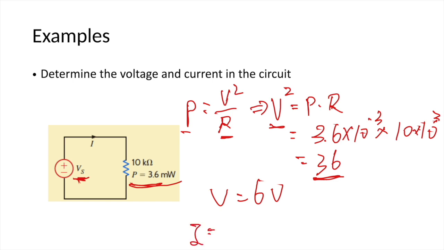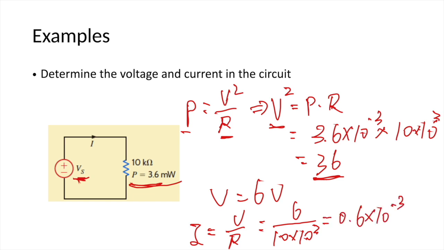And I equals V over R, that is 6 over R, which equals 0.6 milliampere.